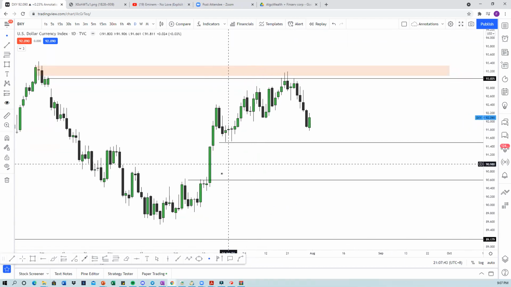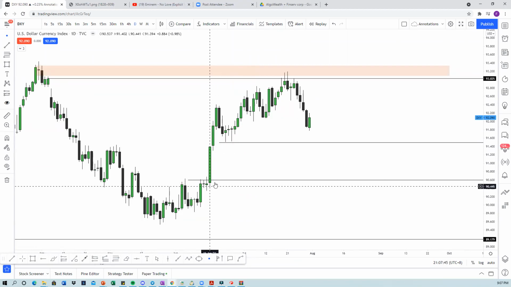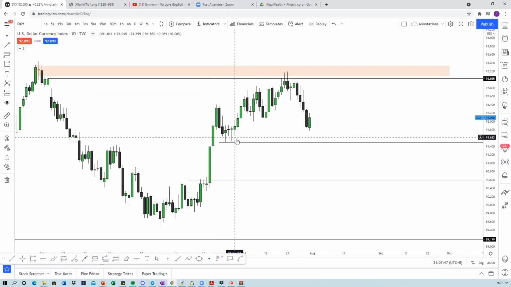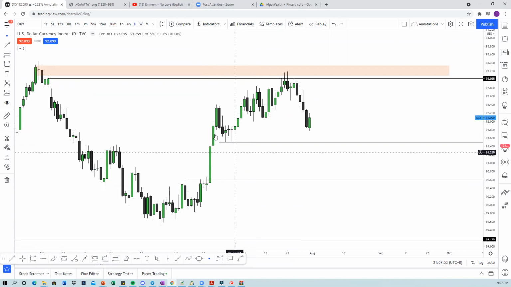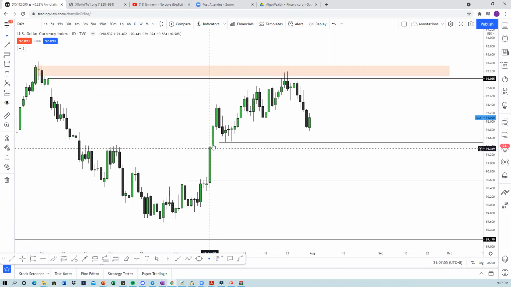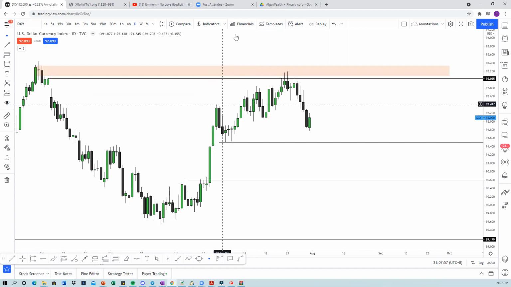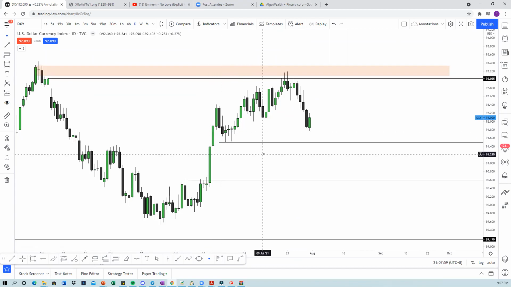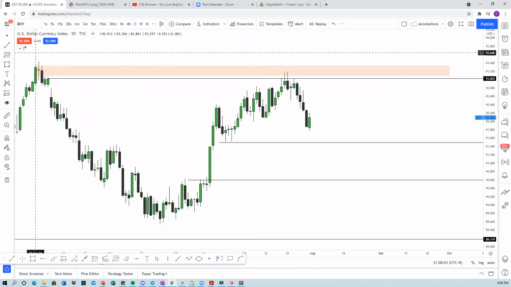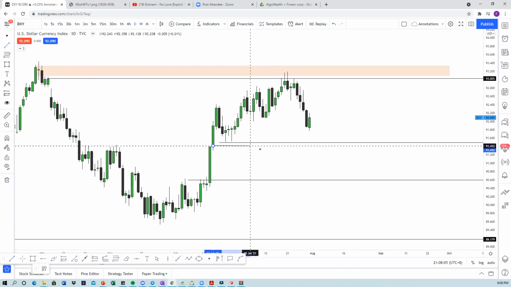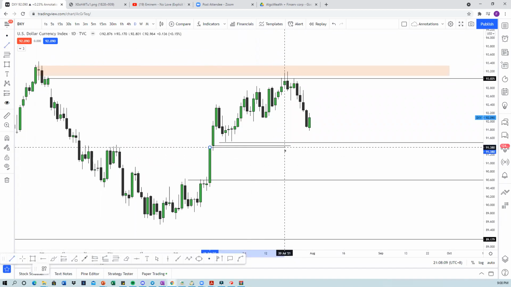So what do we have over here? We have the weekly fair value gap, and inside of this fair value gap, what seems to be our drawn liquidity? Can someone tell me? Anyone? Yeah, so we have the volume imbalance right here.